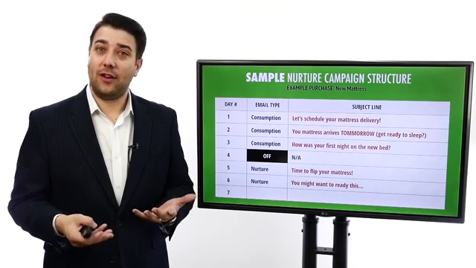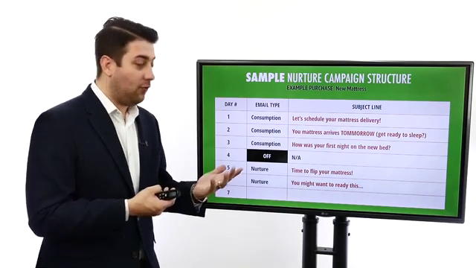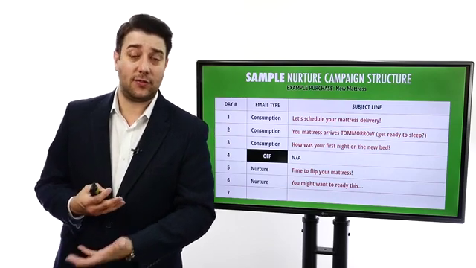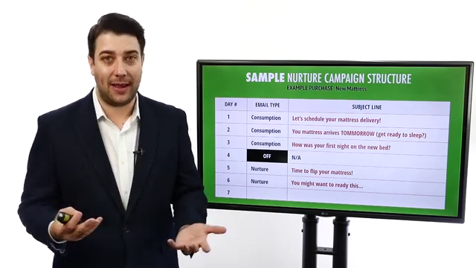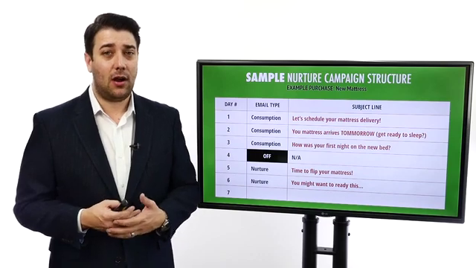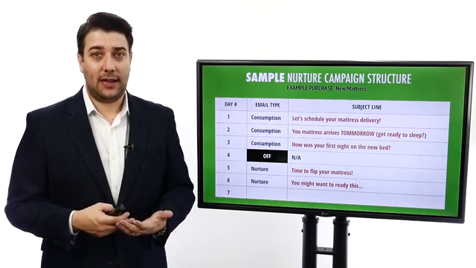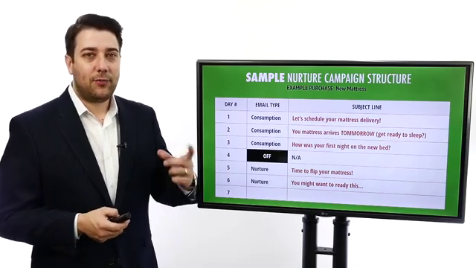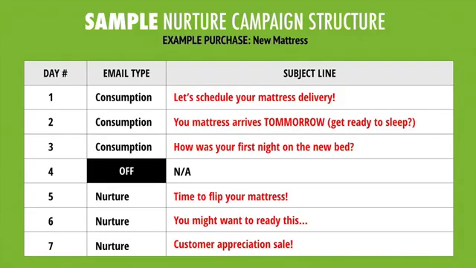There's probably a ton of information out there, but I can start to nurture and add value, but transition into potentially a new sale. So if I'm sending them information about how guest beds and guest mattresses are hardly ever replaced, but they are loaded with allergens and other icky things, then I'm starting to seed that, and the next day I may come back and say customer appreciation sale.